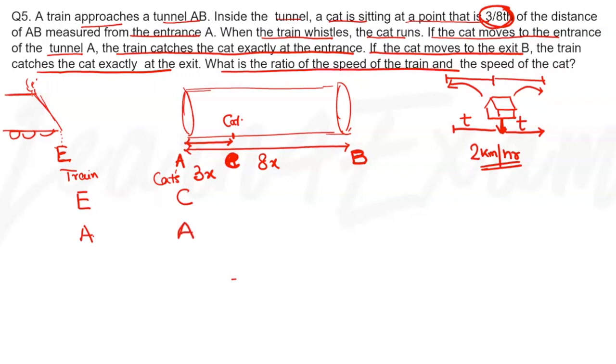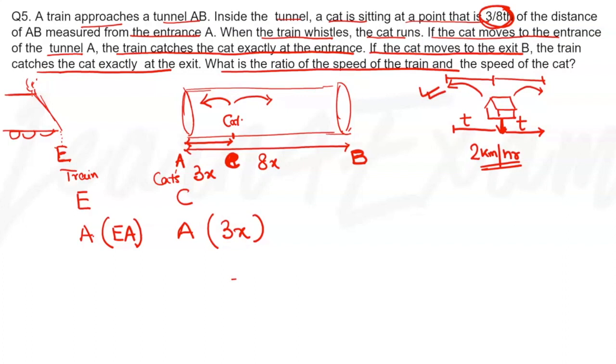So what is the distance traveled by the train? The train is traveling a distance of EA units, and the cat is essentially traveling a distance of AC, or 3x units. Now, if the cat decides not to move towards the entrance of the tunnel but towards the exit of the tunnel, applying this concept, he would cover the same distance in the same time.